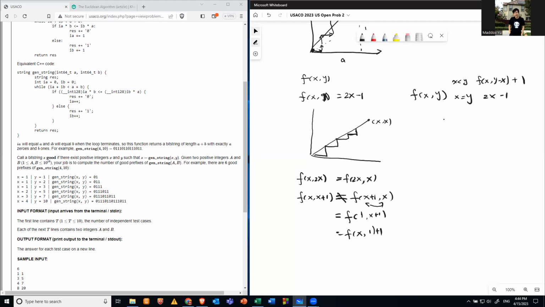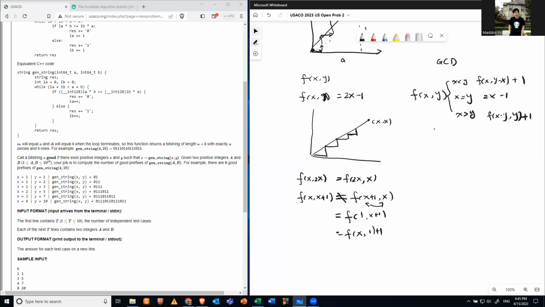When x is bigger than y, does that mean f(x minus y, y) plus 1? This is basically the GCD code, right? That's how we do the GCD. So that's my guess.